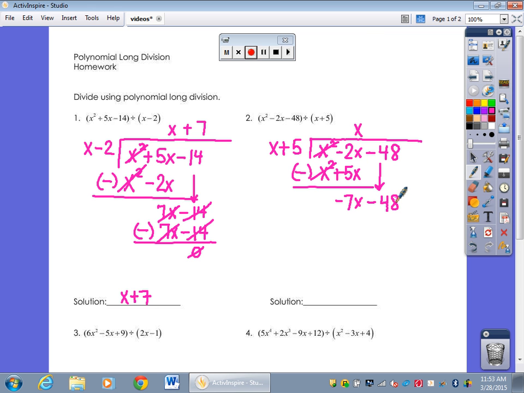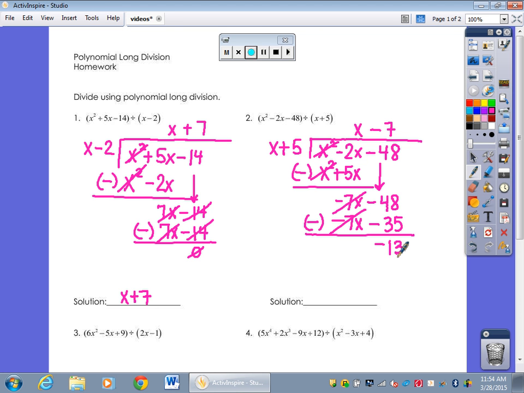We do the process again. X times negative 7 gives us negative 7x, and then negative 7 times 5 is negative 35, and we subtract. So remember, negative negative becomes positive, and so that cancels with the negative 7. Negative 48 minus negative 35 actually becomes like plus 35, so it ends up becoming a negative 13.